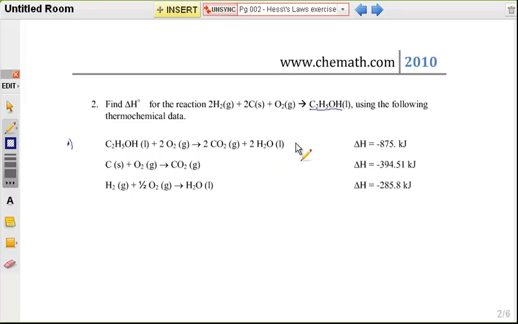So we're going to flip this equation. And we don't need to multiply for anything because we have only one molecule of that compound. Alright, let's see what else we got.